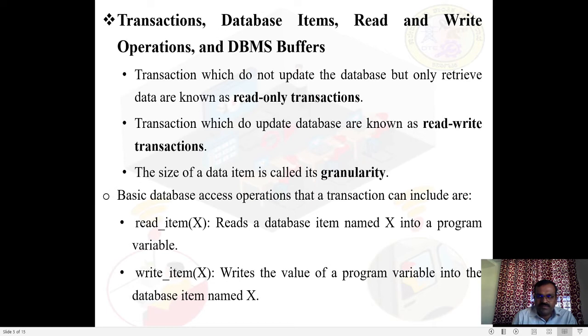Here X is a named data item. read_item(X) reads a database item named X into a program variable. write_item(X) writes the value of a program variable into the database item named X.